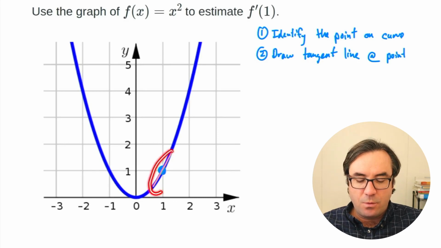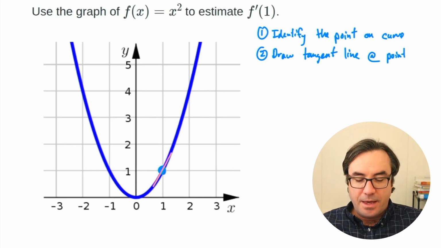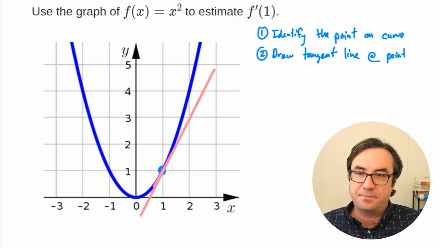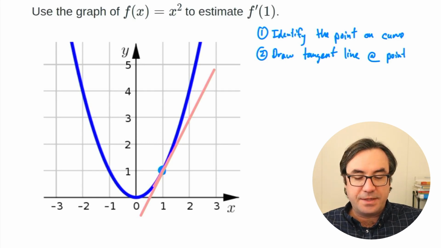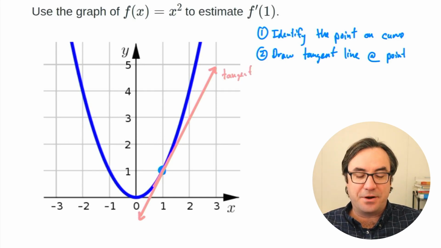So we just kind of want to extend this out in this direction and extend it out maybe a little bit in the other direction. And when we do that, let's see what we get. That looks pretty good. All right, so that's our tangent line. So we got our tangent line there for our curve.